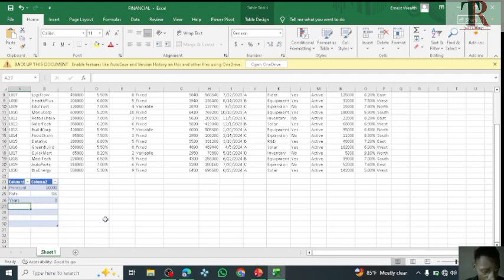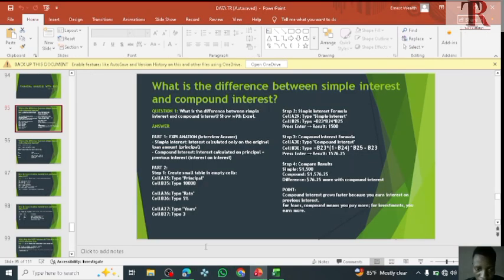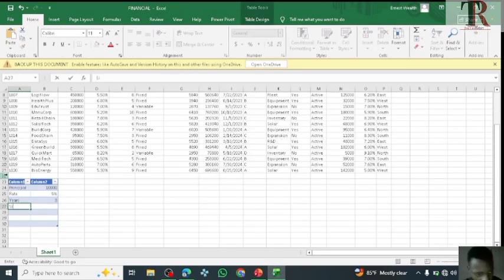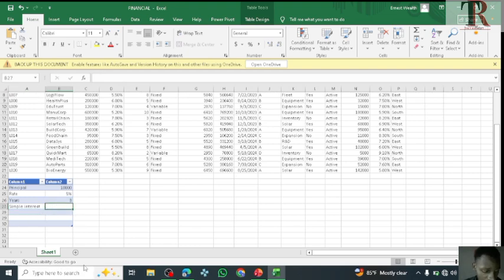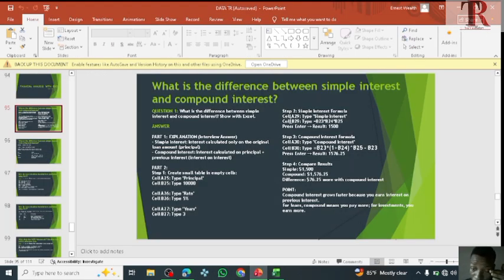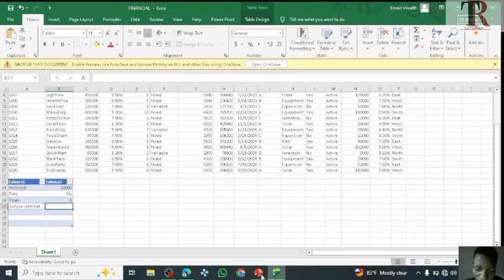Now that is where our simple interest comes in. And the formula for simple interest, let me type this in: simple interest. The formula for simple interest is B23, B24, B25. What that is saying is that this times this times this will give us our simple interest.